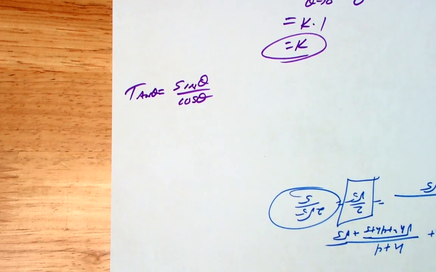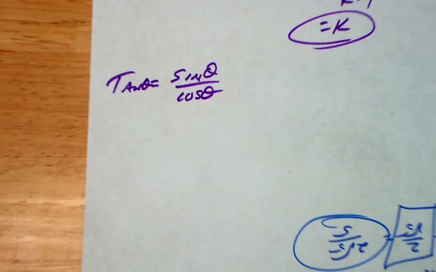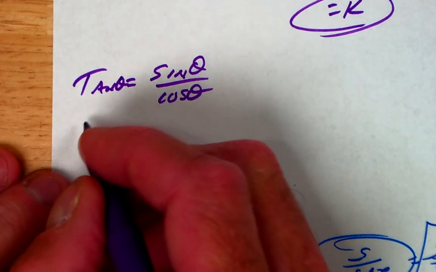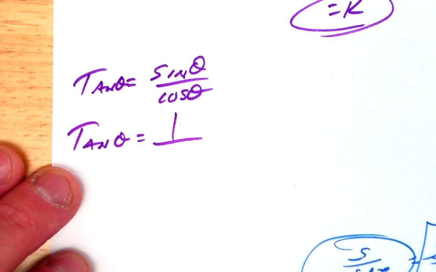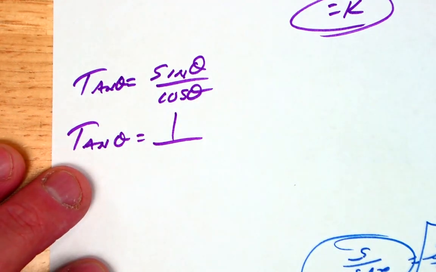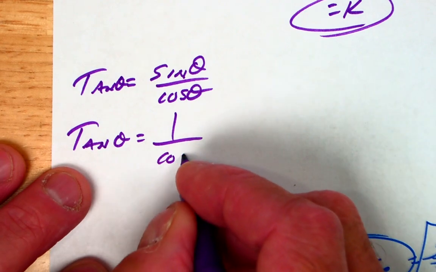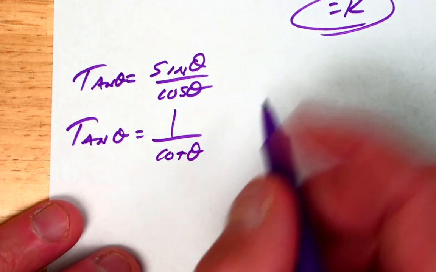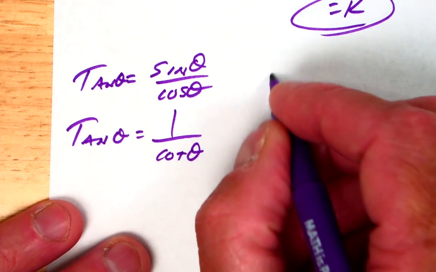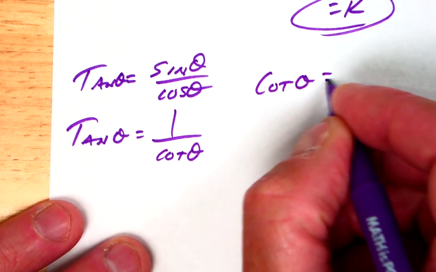I didn't review these first. I probably should have. Okay? Another way we can write tangent is 1 over cotangent. Okay? And likewise, cotangent is what over what?